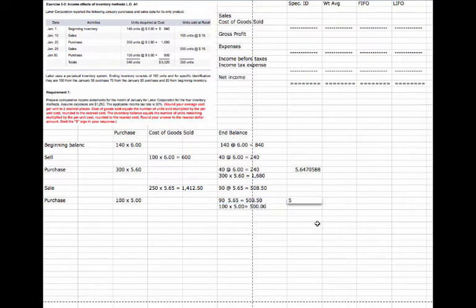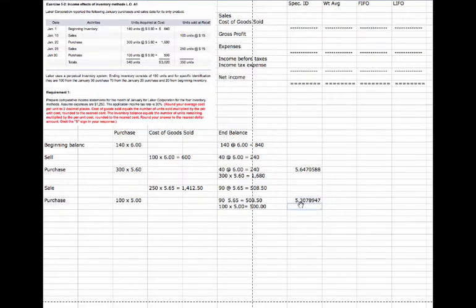So if I take $508.50 plus 500 divided by 190 units, I have to make sure my formula, I use a parentheses here.